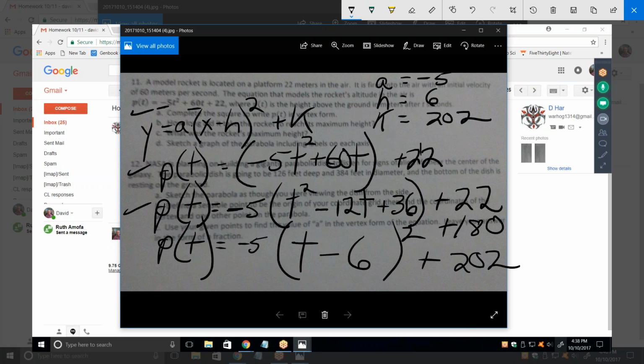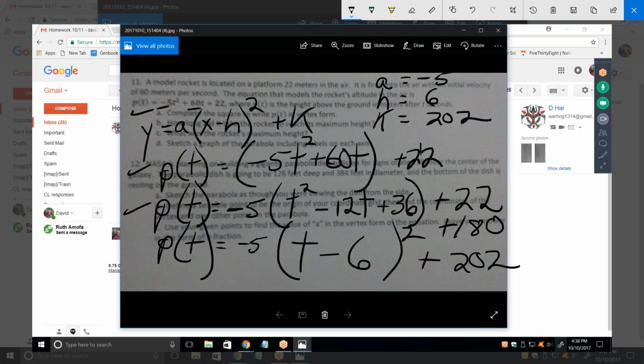What's the second part say? How long did it take the rocket to reach its maximum height? It took 6 seconds. Exactly.